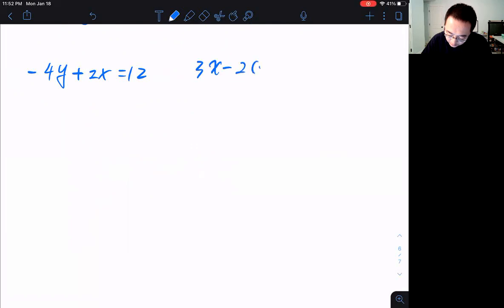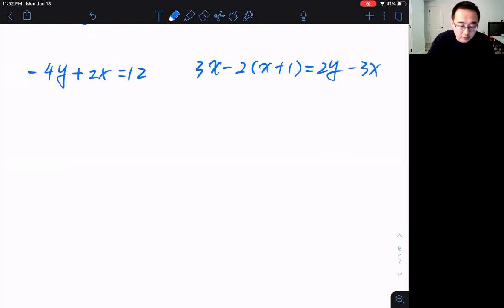Let's say that you have two lines, or two equations, I should say. We haven't gone to the function part yet. The first is negative 4y plus 2x equals 12. And the second is 3x minus 2x plus 1 equals 2y minus 3x.